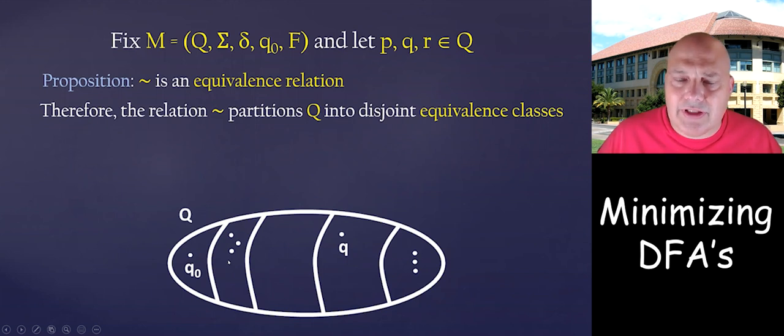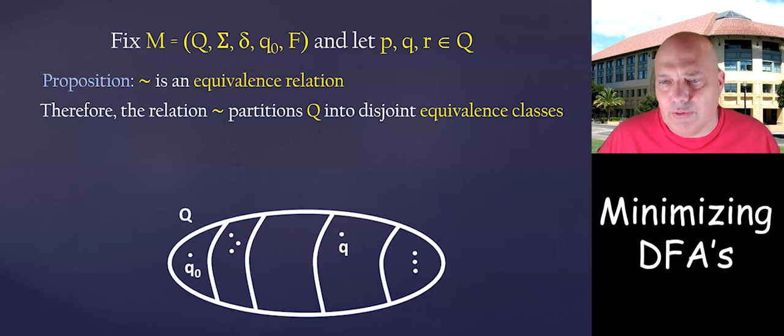And the properties of an equivalence relation says that this is possible. Essentially, you can do this division by looking at any state and then looking at everything that is equivalent to this, and this is one group. And because of transitivity, all of the strings will be equivalent to each other. And you continue.